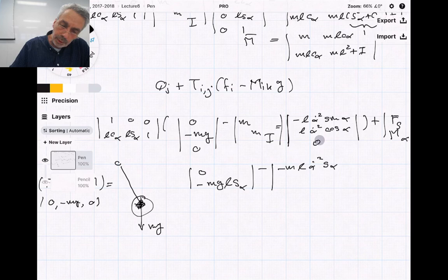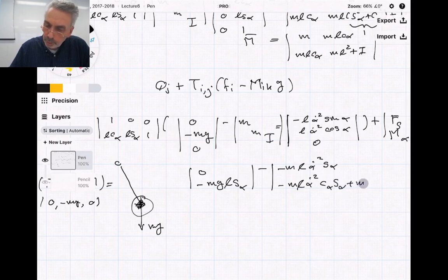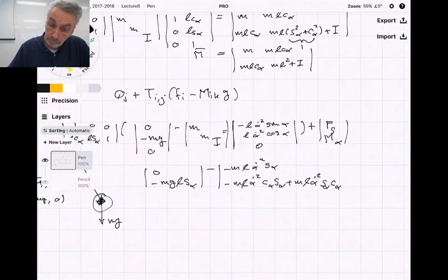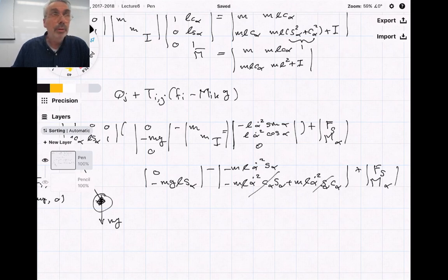And now this times this, we get L cosine times L minus sine, and then, oh, hey, that's interesting. We get minus mL alpha dot squared cosine alpha sine alpha, and then plus mL alpha dot squared sine alpha cosine alpha, and then plus 0. Okay. Is that right? Cancels out, huh? Those are gone.